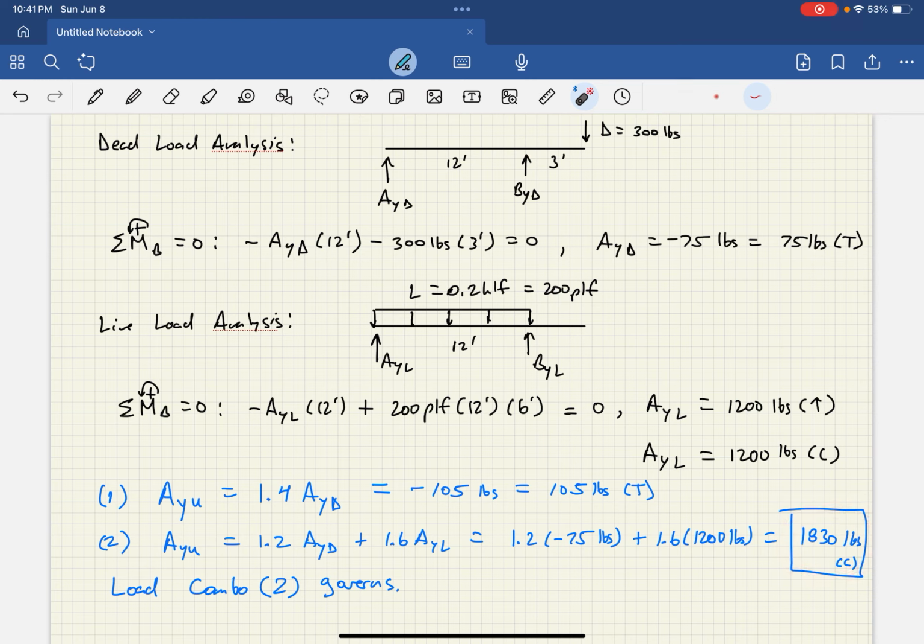Now, this is what we would design that reaction or that support for, okay? So again, this is this whole idea of design philosophies and load combinations. Really, we dig into it in a design course like steel design or concrete design in a lot more detail. But for the purposes of a structural analysis course, we give an introduction to the idea, okay?